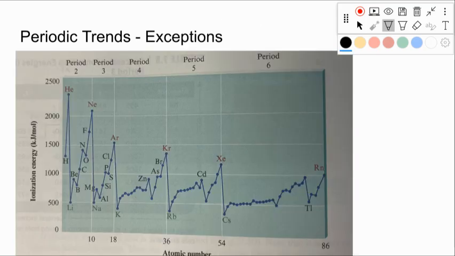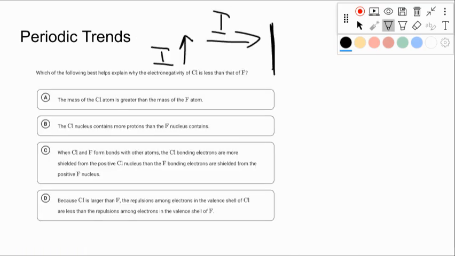Or if it doesn't mention anything about Coulomb's law, then the thing you're going to be looking at is the size of the atom, because that's really what it relates back to, which is what Coulomb's law is representing by that r squared. And so when I'm looking at those answers, that's what I'm trying to figure out.